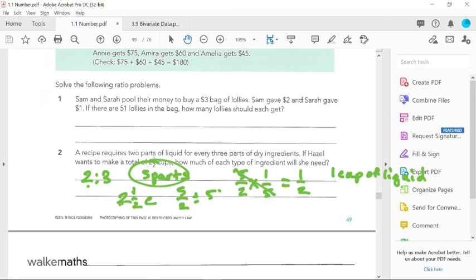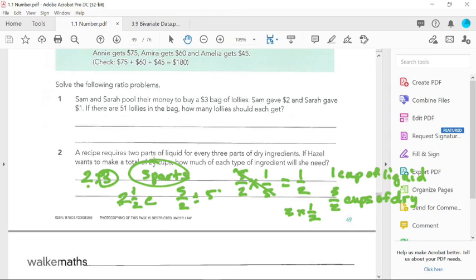Just multiplying each number of the ratio times the fraction. And 3 times 1/2 gives you 3/2 cups of dry ingredients, whatever these are.